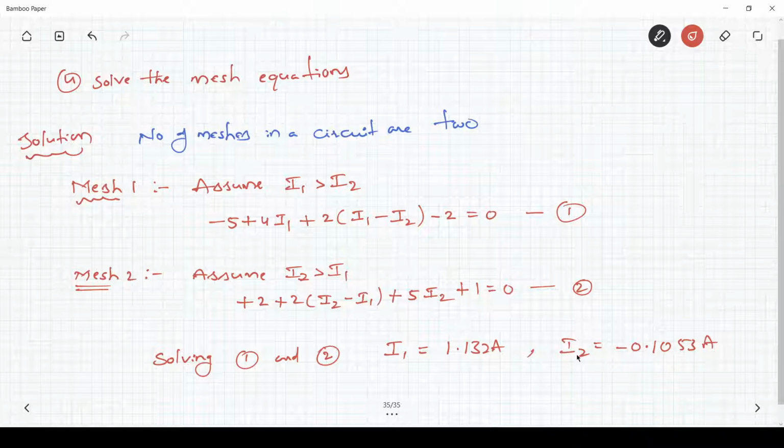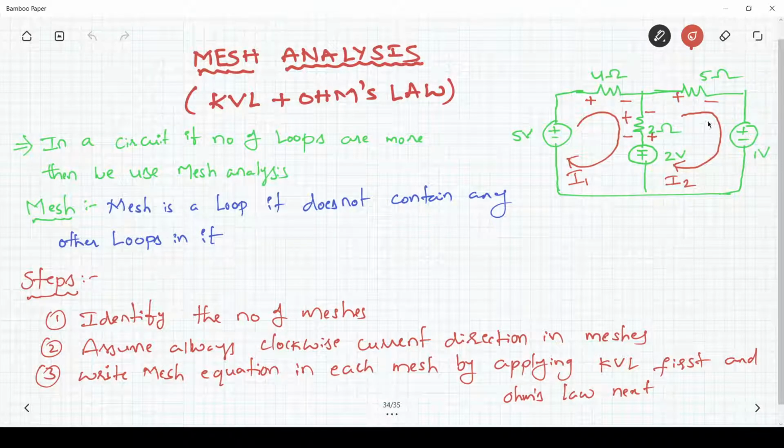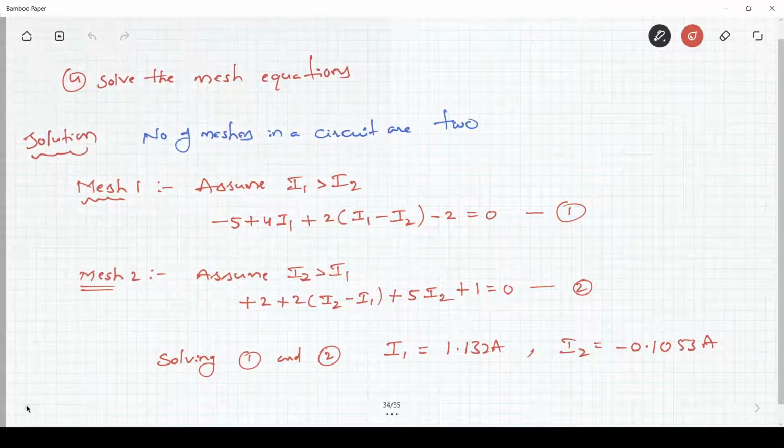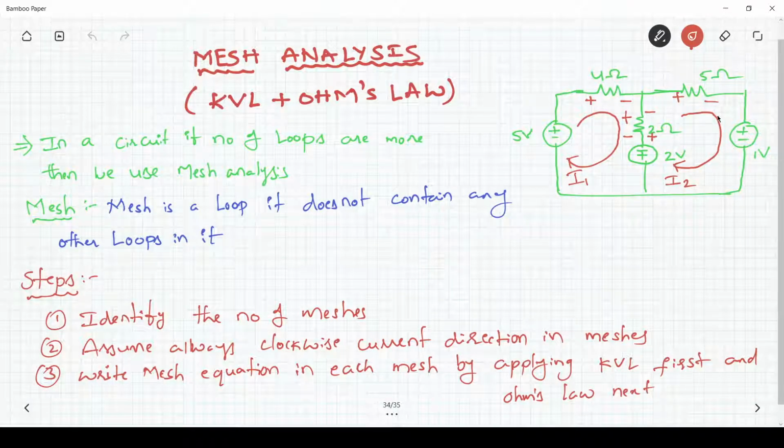Here you are getting I2 negative, which means our assumption is wrong. The actual current direction after solving is anti-clockwise. That is the correct current direction. Since you got a negative value, you have to change the direction of the current. The current is moving in the anti-clockwise direction.